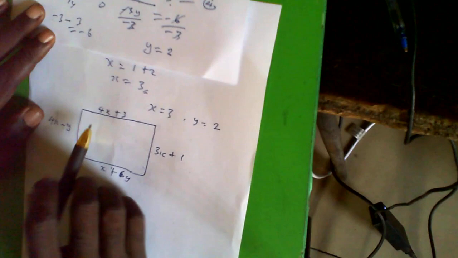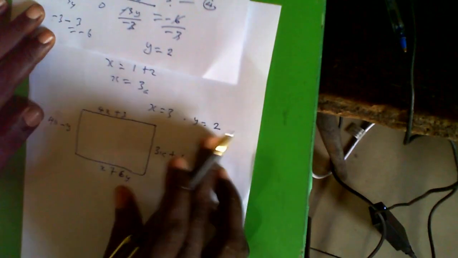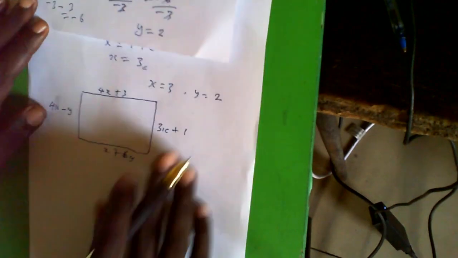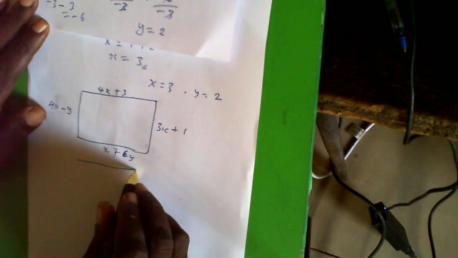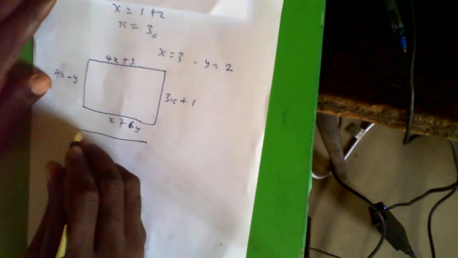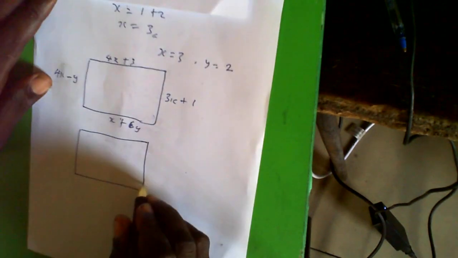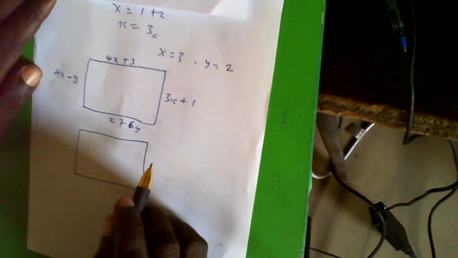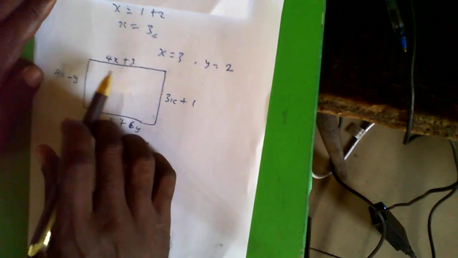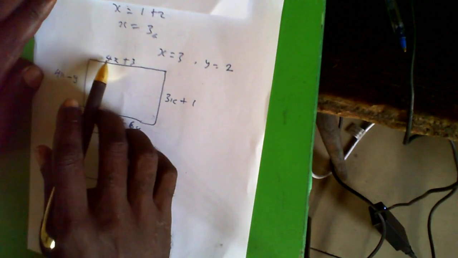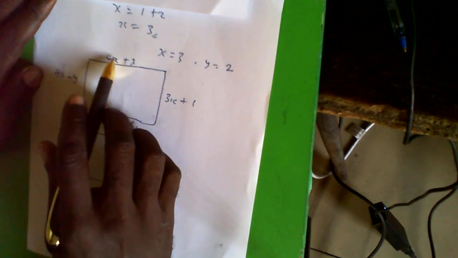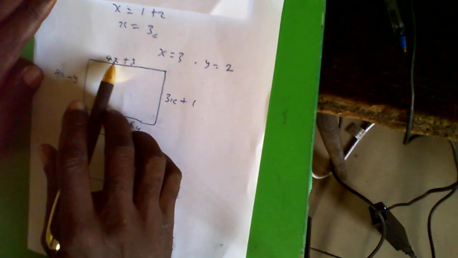So we have both values for x and y. Let's put them into it now. We'll draw the shape again.